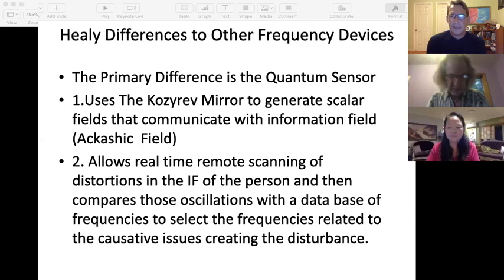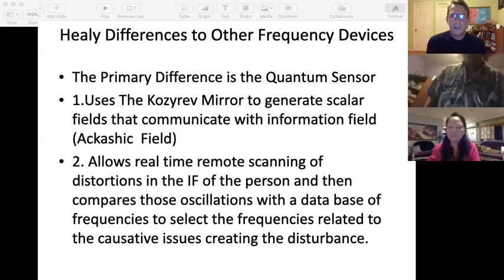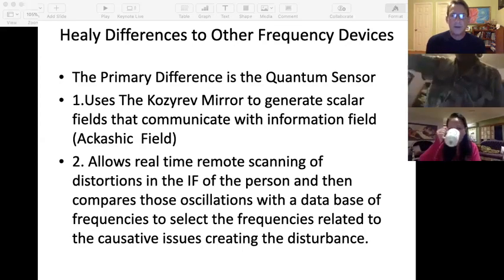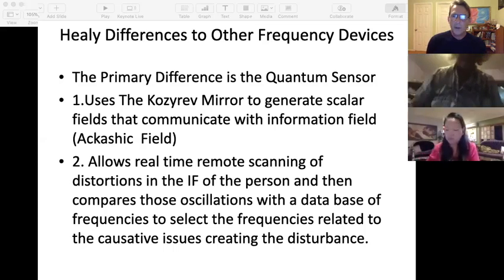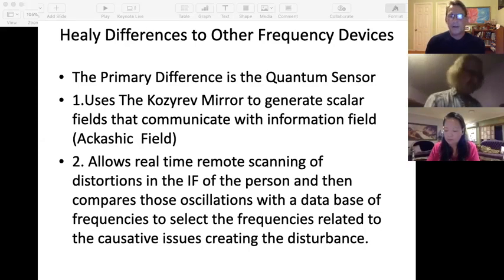Other than that, it does have other functions which are available in other types of frequency devices that are around, but basically no one has the quantum sensor technology on the planet except for Timewaver and the Healy miniaturized device of the Timewaver. So what makes this quantum sensor so important and so critically different to all the other types of devices that are out there?